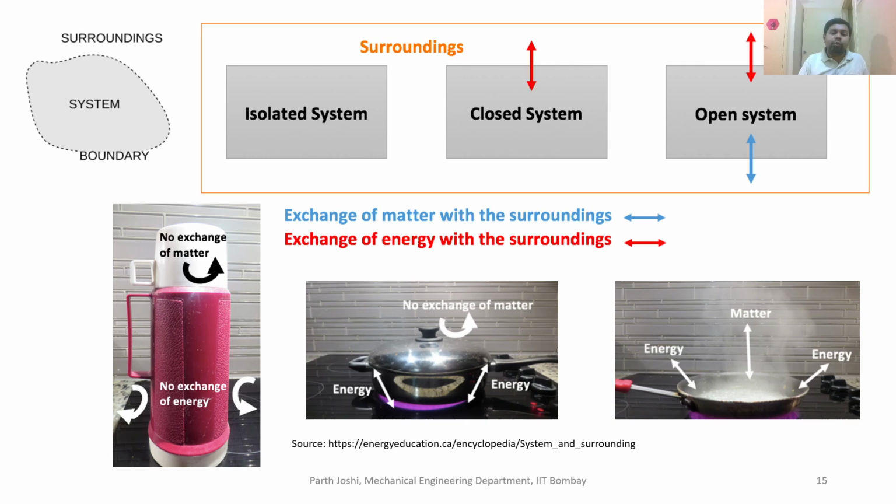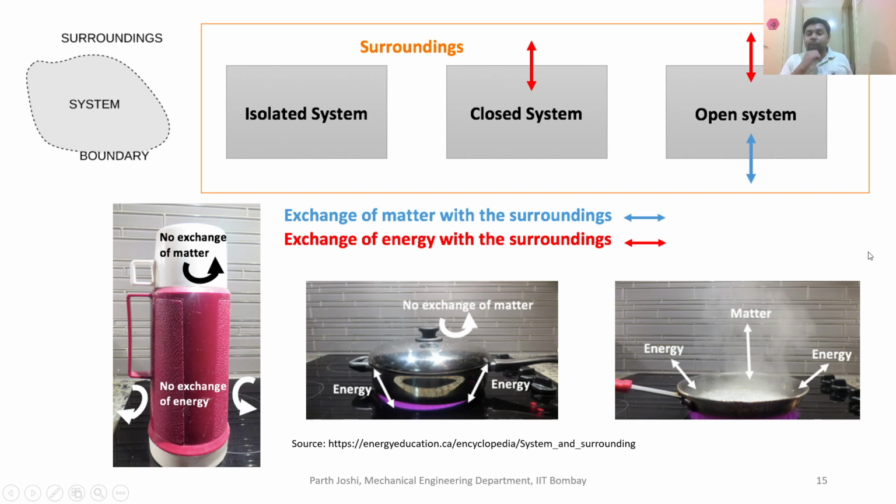So we have three different examples shown over here. Depending on whether there is exchange of matter and energy between the system and surroundings, we can classify them into three types: open system, closed system and isolated system. Whenever there is an exchange of both matter as well as energy with the surroundings, that is called an open system. An example is a cooking pan placed on a cooking stove.